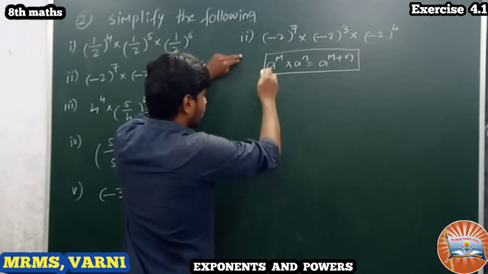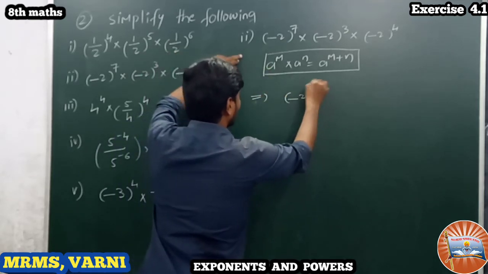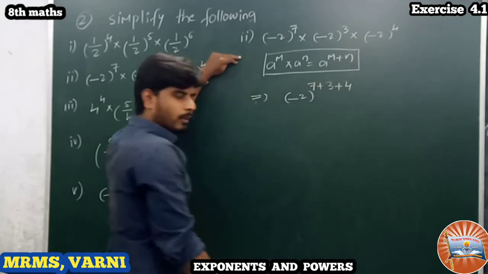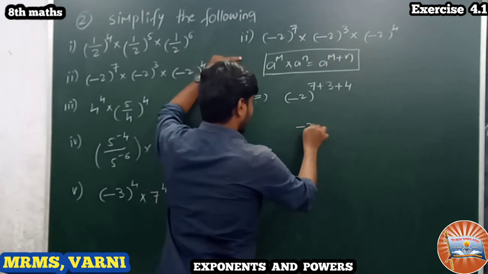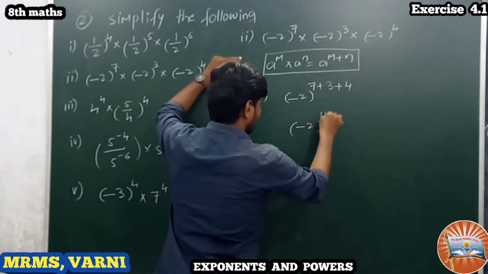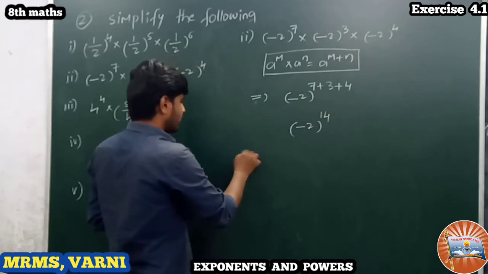So a = -2, and with the use of this law, (-2)^(7+3+4). This is nothing but (-2)^(7+3 = 10, 10+4 = 14), 14.